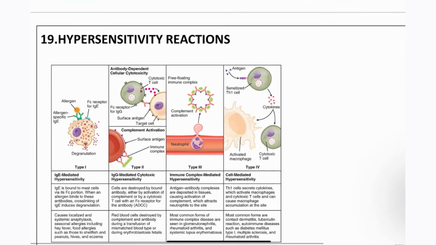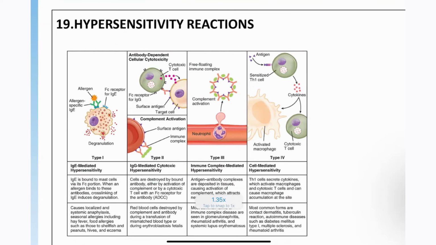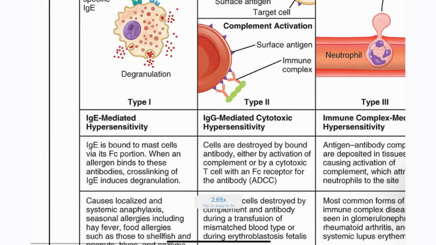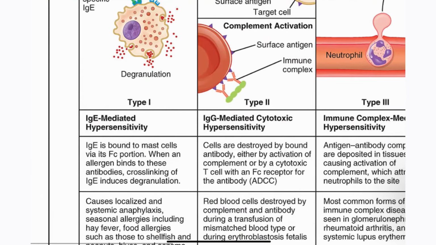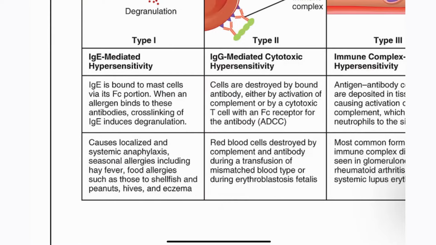Next, moving on to the hypersensitivity reactions. So in the hypersensitivity reactions, what are going to be the types? Let's understand what these are, guys, and this is going to be very important. At least examples you have to understand. First, type 1 is going to be IgE mediated. Most commonly it is associated with increased eosinophils, right?